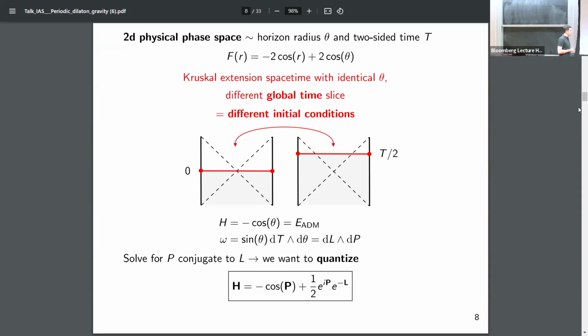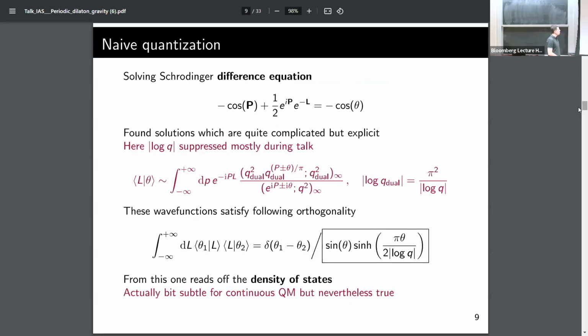The ADM energy in this theory is given by minus cosine theta, which you read off from the shell action. And the symplectic form takes this form. So we can ask what P conjugate to L is, and we can compute that because we have an equation for L. We define this Hamiltonian.